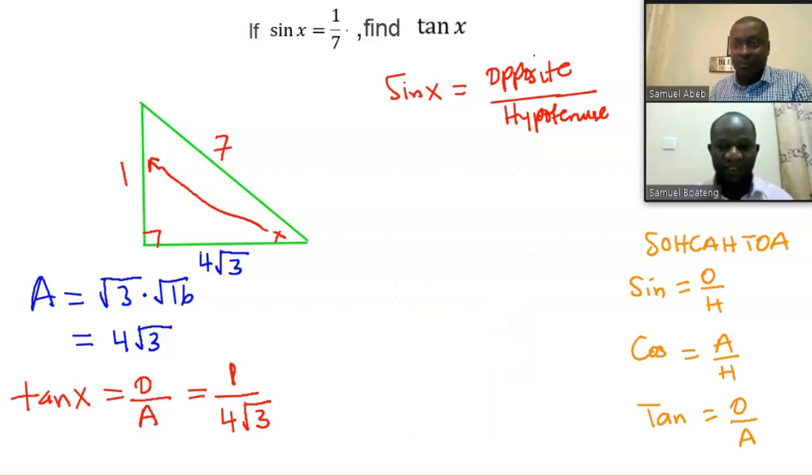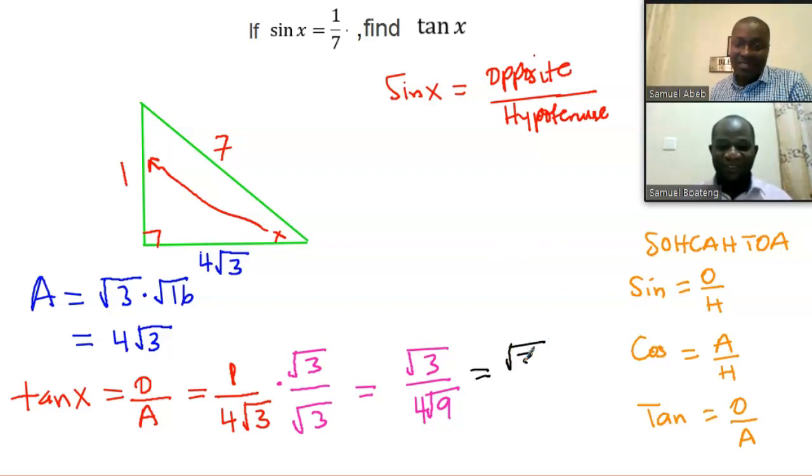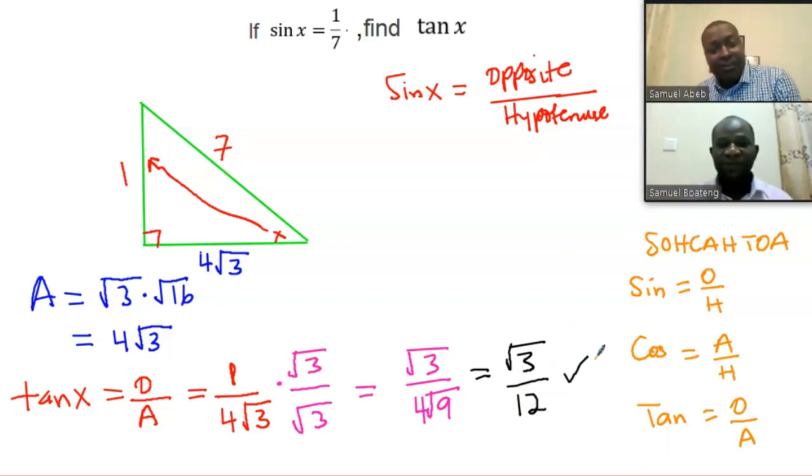So we multiply both numerator and denominator by root 3. You get root 3 divided by 4 root 9, which is root 3 on 12. So with this type of question, don't worry yourself to convert it to decimal.